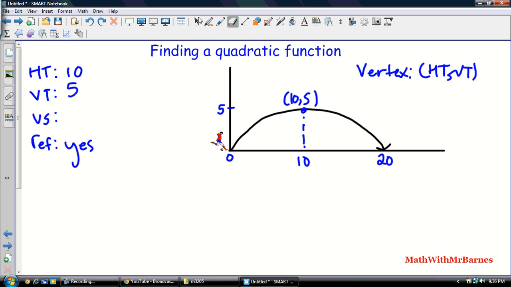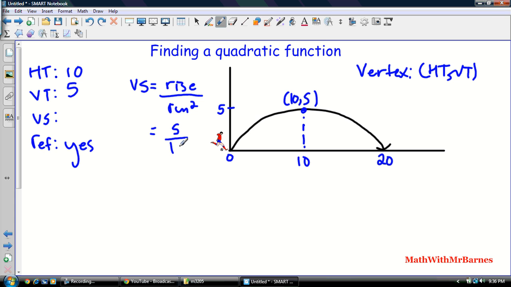What we want to do is use this formula. The vertical stretch is equal to the rise over the run, squared. The rise goes up 5.